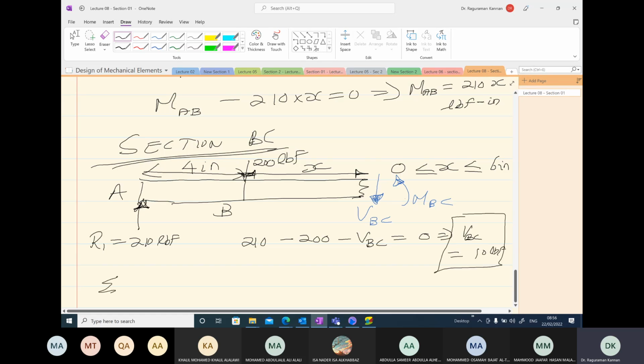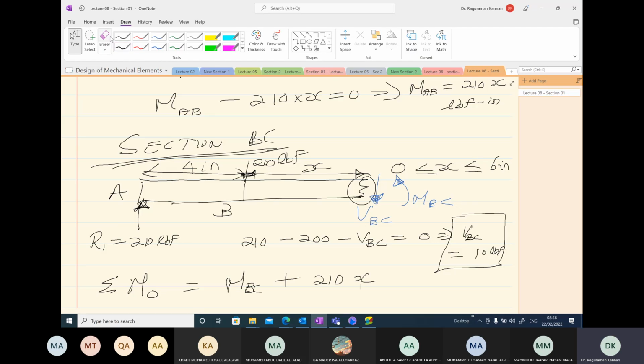Take moment about the end point here. Then what are we going to get? MBC is positive using equilibrium equation sign convention. VBC does not contribute. 200 pound force also leads to anti-clockwise moment. 210 times x from this point, and then we have 200.